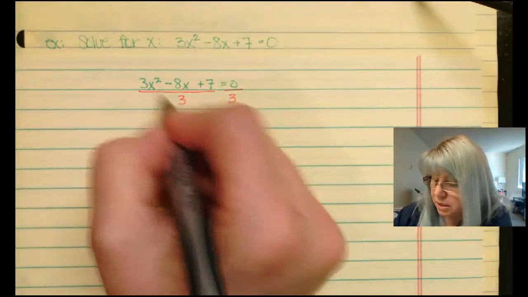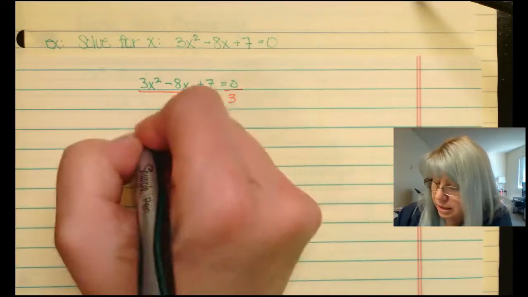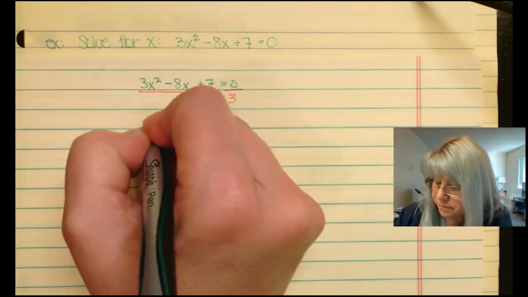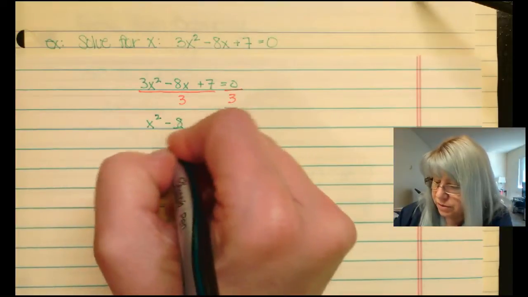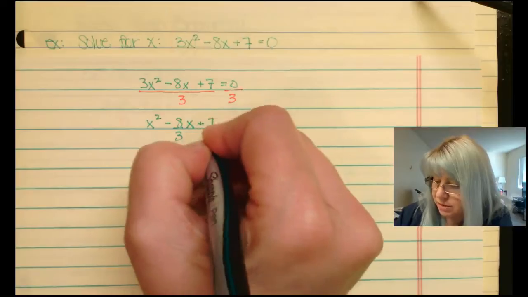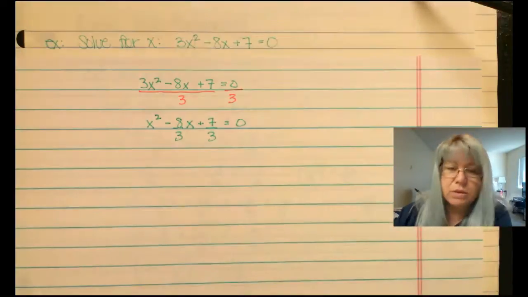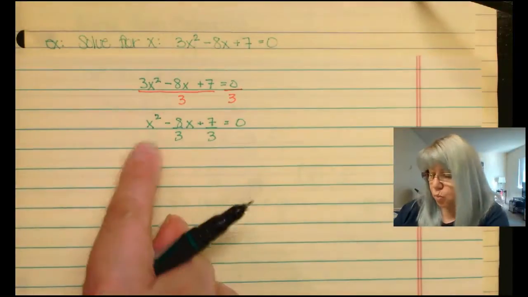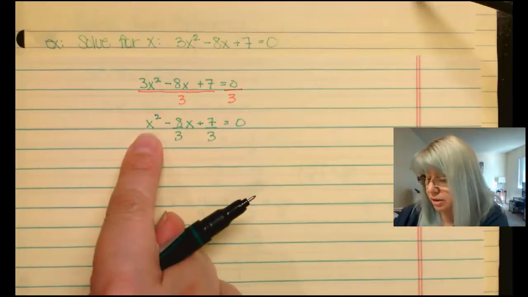Well, 3 divided into 3 is 1. 8 divided by 3 is just 8/3. And 7 divided by 3 is just 7/3. 3 goes into 0 0 times. So now I have a 1 as the coefficient of the quadratic term, the x squared.